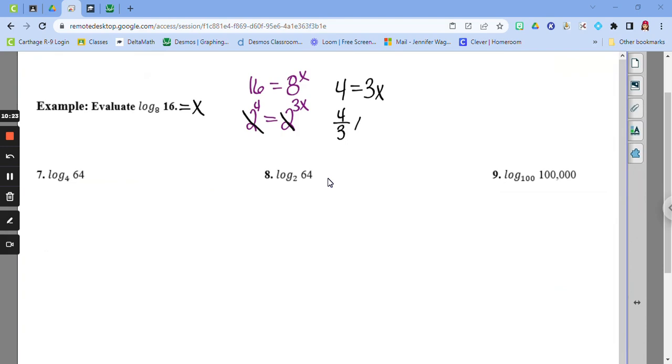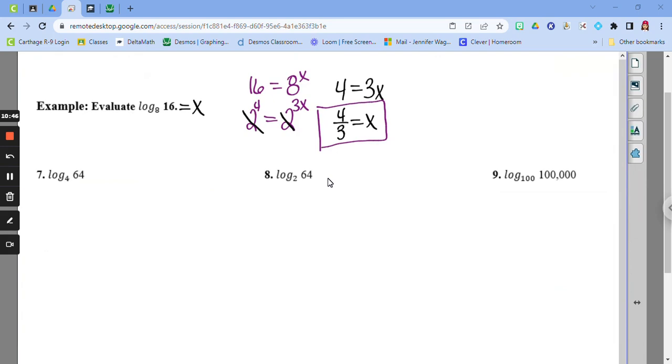So x equals 4/3 when I divide both sides by 3. So log base 8 of 16 is 4/3. That's its value.